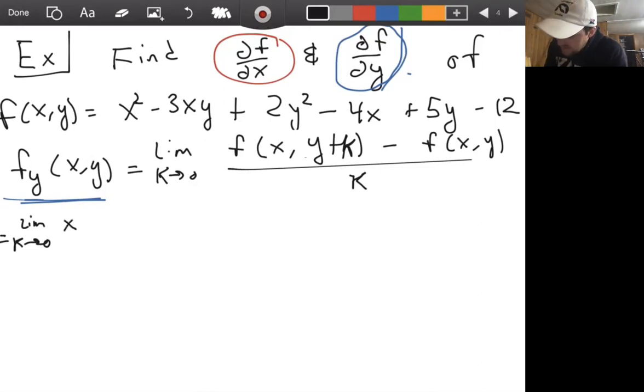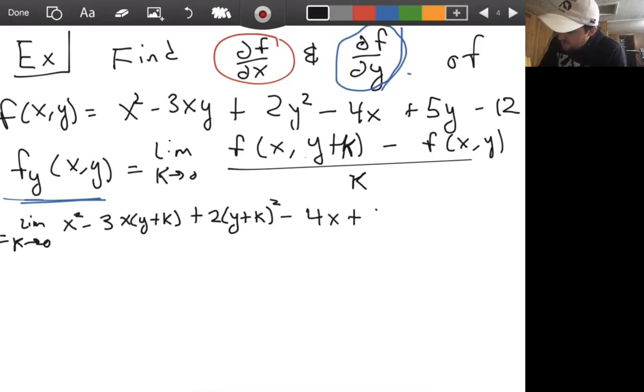So this is x squared minus 3x(y plus k) plus 2(y plus k) squared minus 4x plus 5(y plus k) minus 12. And now that's f of x, y plus k.